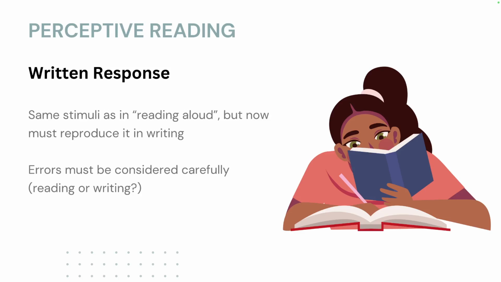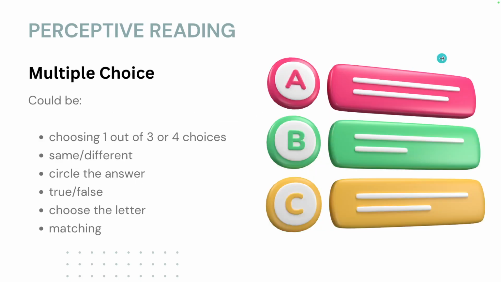Are you assessing their reading or their writing? So maybe you want to do both. That's up to you. But if it's a reading assessment and their writing has some small errors, maybe you won't consider that because you are actually assessing reading, not writing. Remember, you've got to keep your validity and reliability strong.